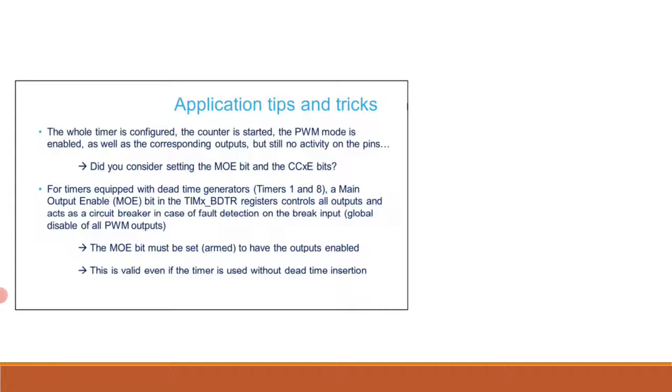Global disable of all PWM outputs. The MOE must be set or armed to have the outputs enabled. This is valid even if the timer is used without dead time insertion and the timer is used for general purpose application.